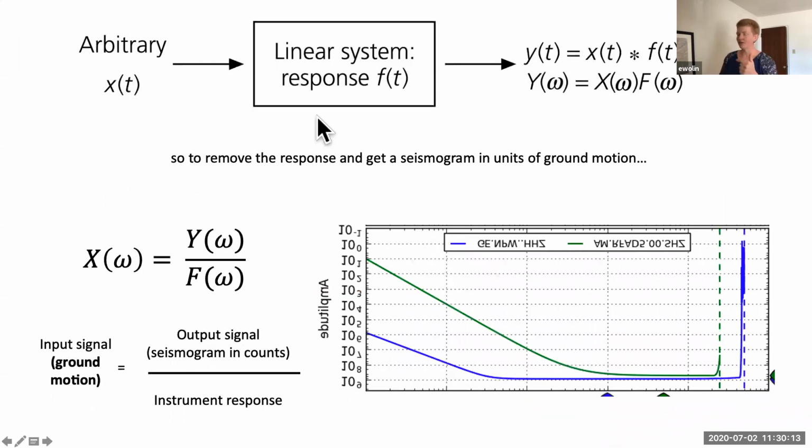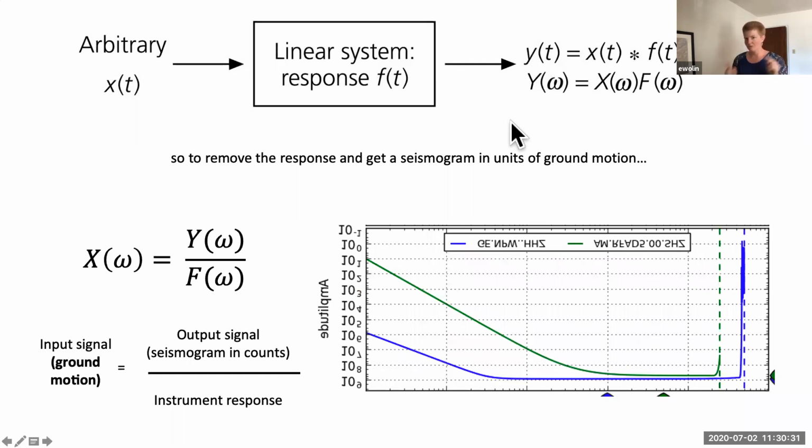All right, so following on that linear system response, we take our input signal, which is ground motion here, put it through our linear system, which is our seismometer and digitizer, and we get our output signal, which is the seismogram in counts that comes out of your digitizer.